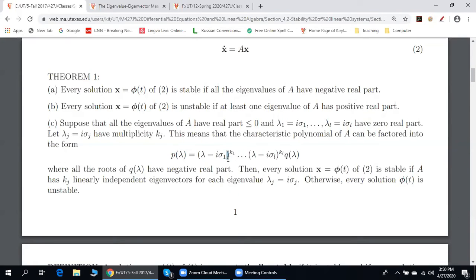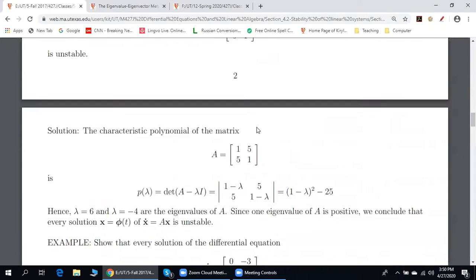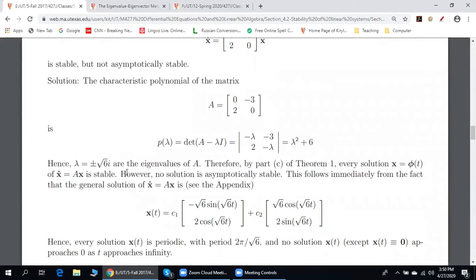If the dimension of the corresponding eigenspace is equal to multiplicity, all solutions are stable. If there is an eigenvalue, multiplicity of which is bigger than the dimension of the corresponding eigenspace, all solutions are not stable. It's exactly what we have in this example.